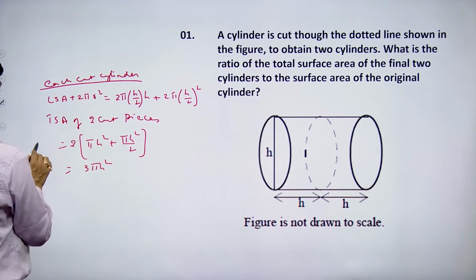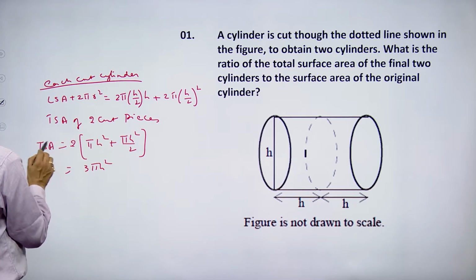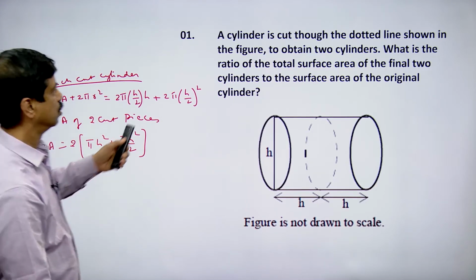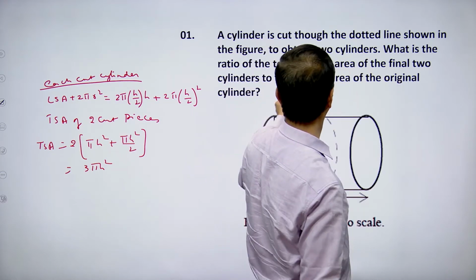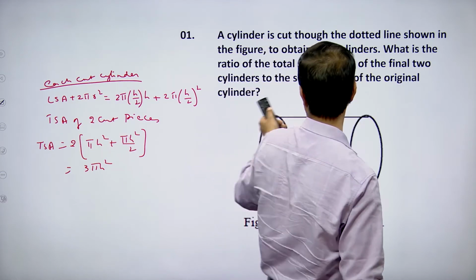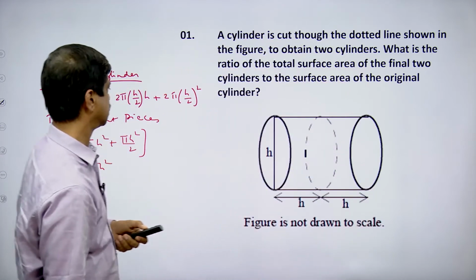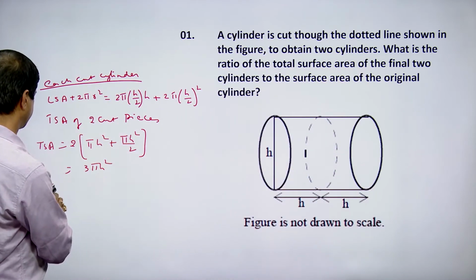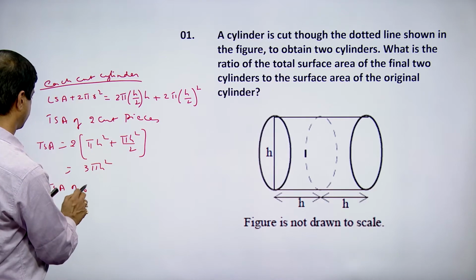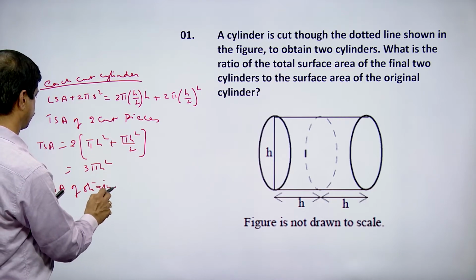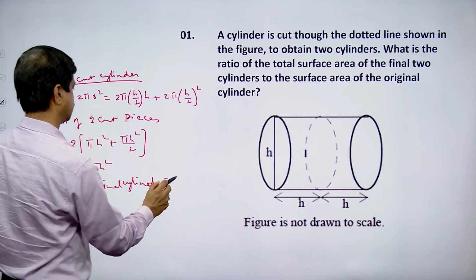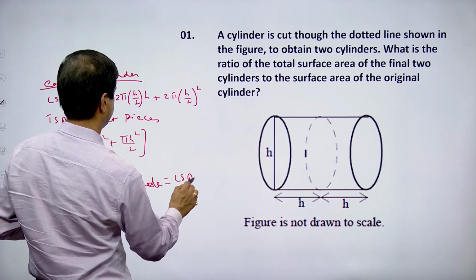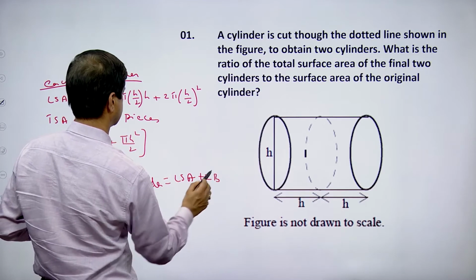Now, total TSA. He says the ratio of total surface area of the final two cut cylinders to the surface area of the original cylinder. What is the surface area of the original cylinder? It is LSA plus 2 times area of base.